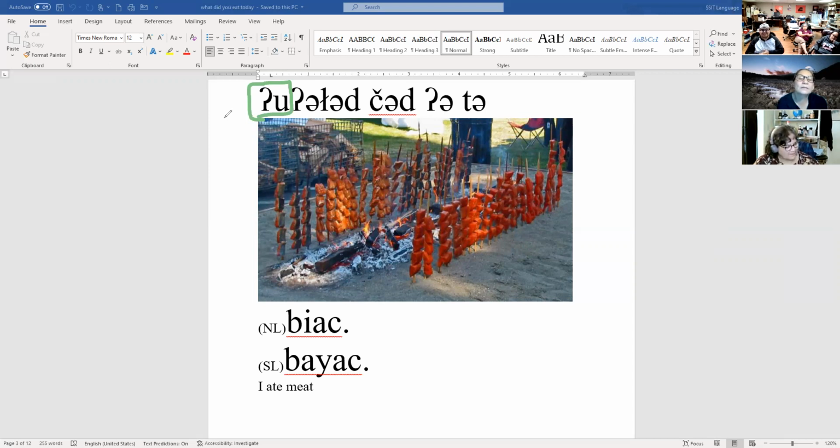Make a note that that O is the thing that says important information to follow.